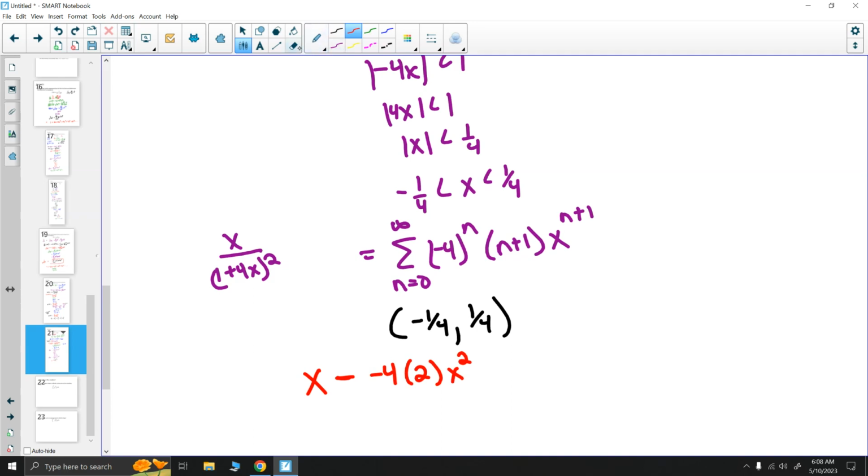I'm sorry, I wrote the negative twice. There we go. So it's a -4 here because of that minus. Plus, this would be 4 squared times 3 times x cubed, minus 4 cubed times 4 times x to the 4th, plus 4 to the 4th times 5 times x to the 5th, etc.